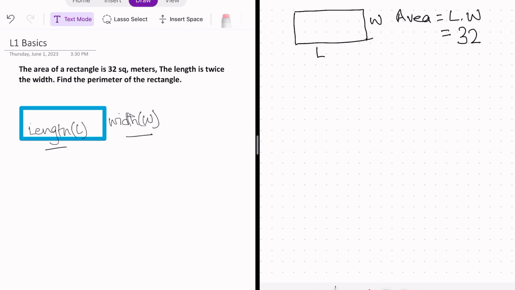And we also know that the length is 2 times the width.